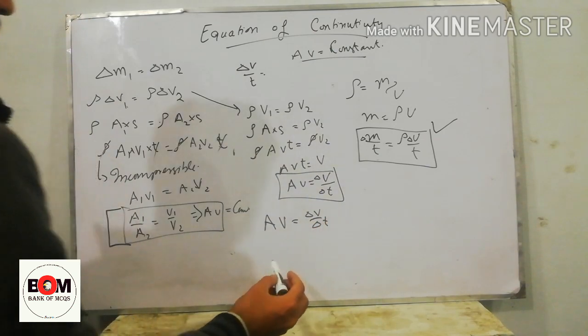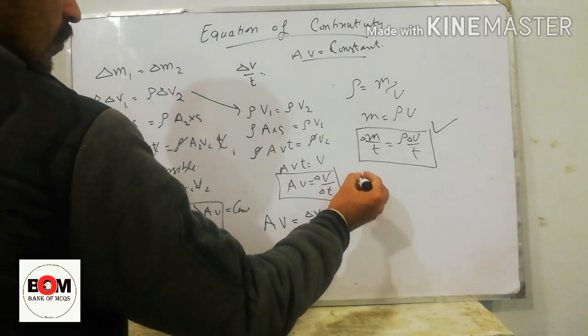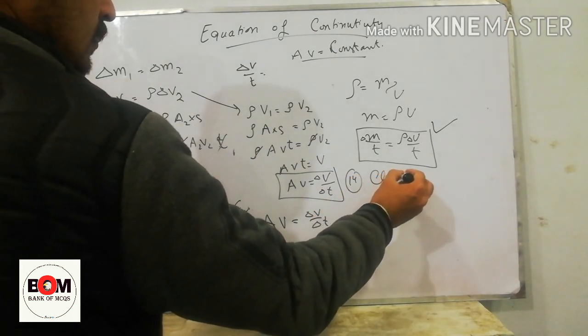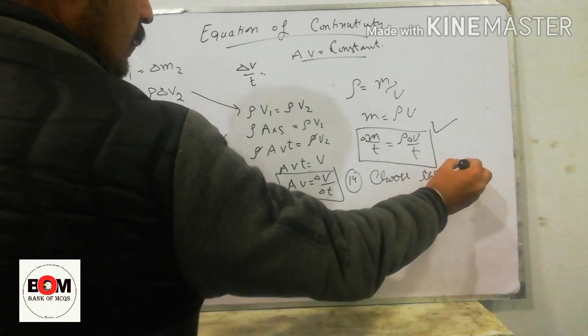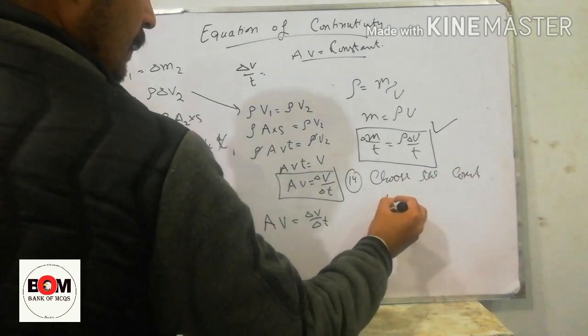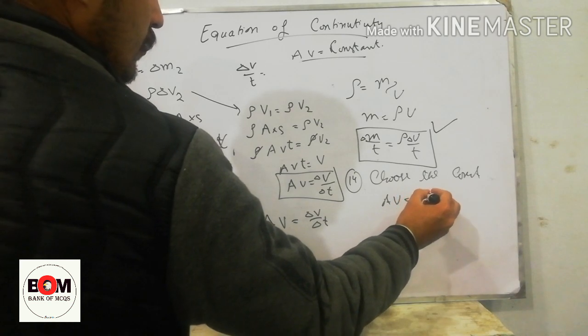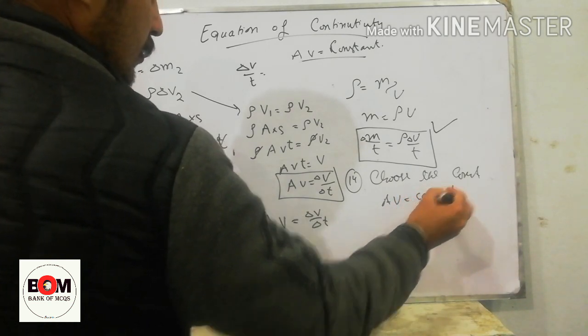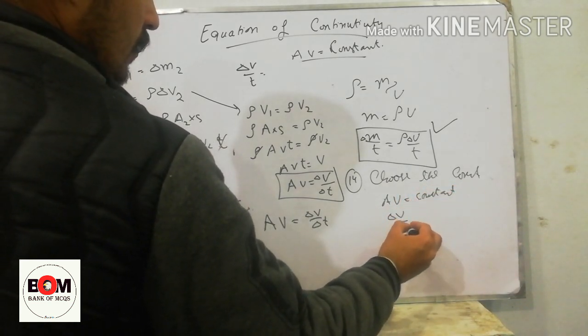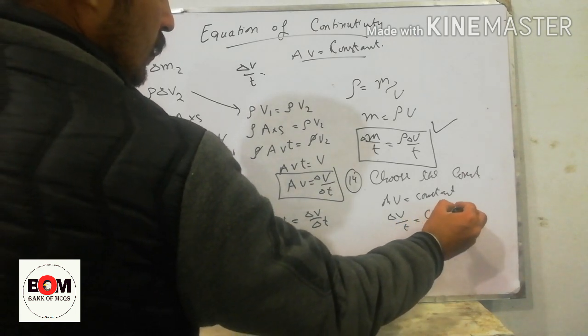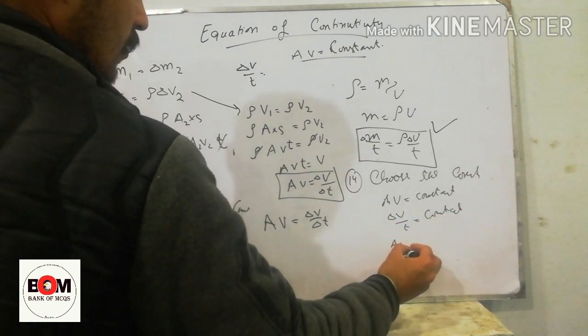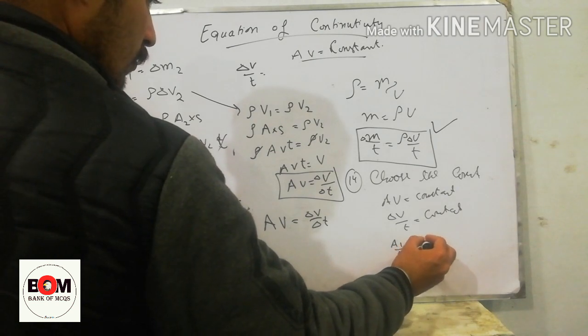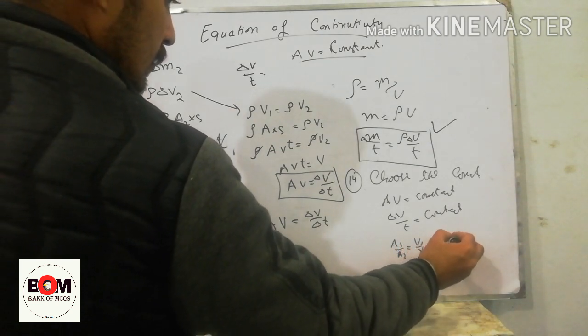It can come in MCQs. MCQ number 14: choose the correct option for the equation of continuity. AV is equal to constant, ΔV by ΔT is equal to constant, or A1 divided by A2 is equal to V1 divided by V2 is equal to constant.